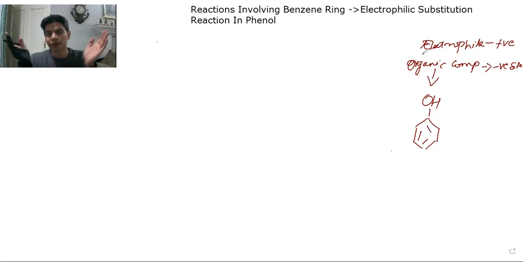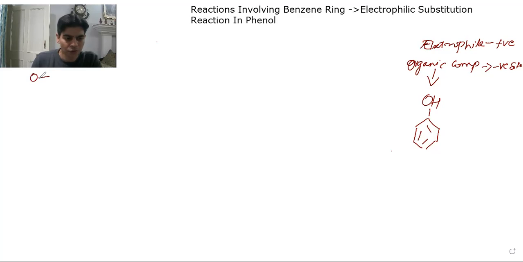That means the electrophile would be attacking this phenol molecule at regions of high electron density, that is, at negative sites. So let's first see where these negative sites are. And to know the negative sites, we need to look into the various resonance forms of the benzene nucleus. So let's quickly see the regions of high electron density.